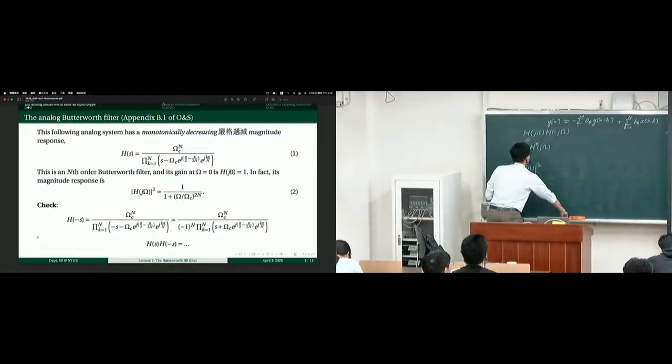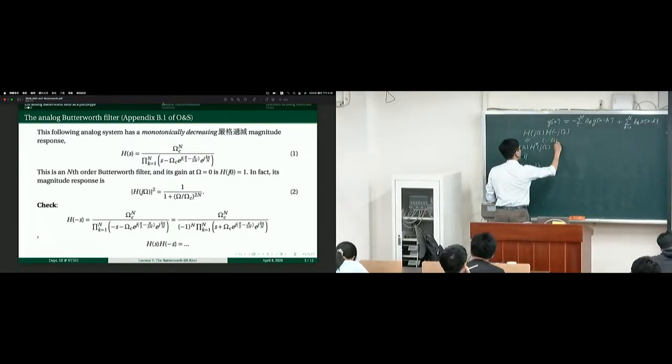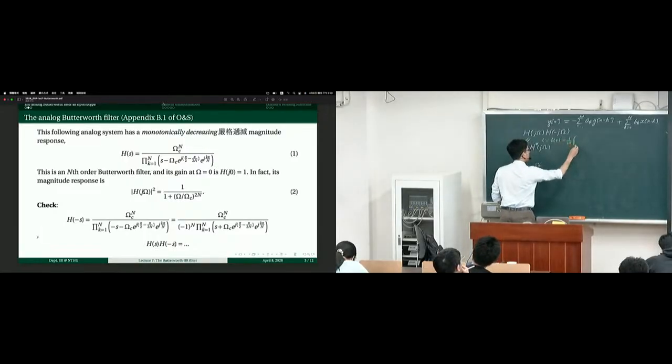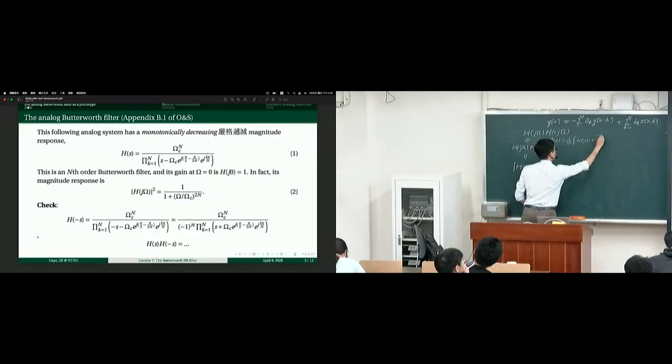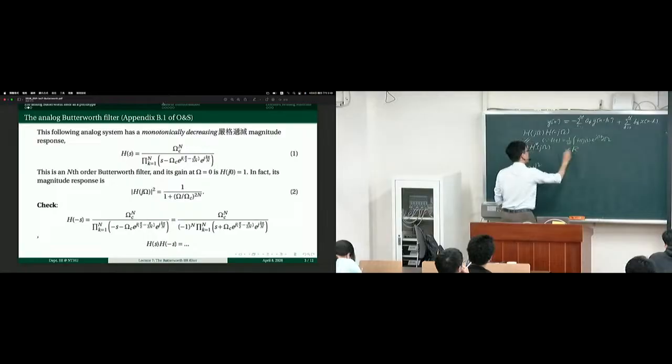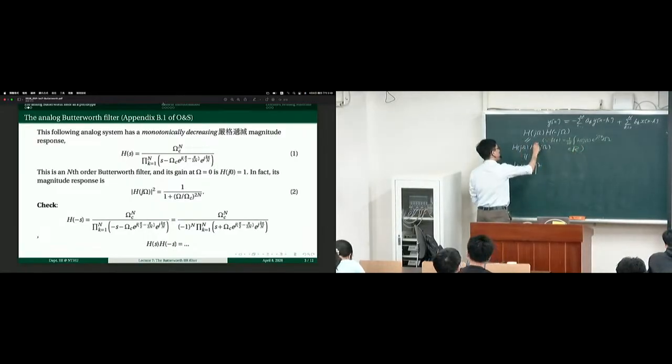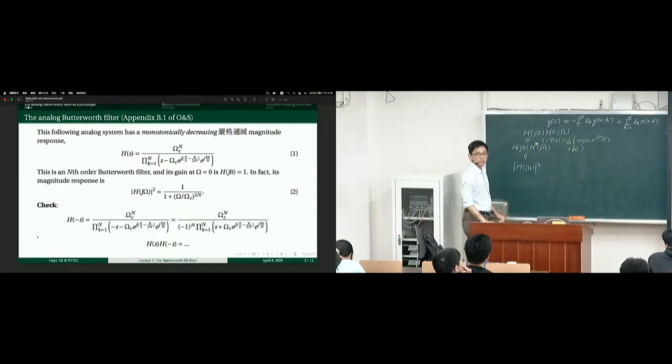And this is because h of t, which is the inverse Fourier transform, is real. That's the reason we can simply put a conjugate right here. So far, so good.